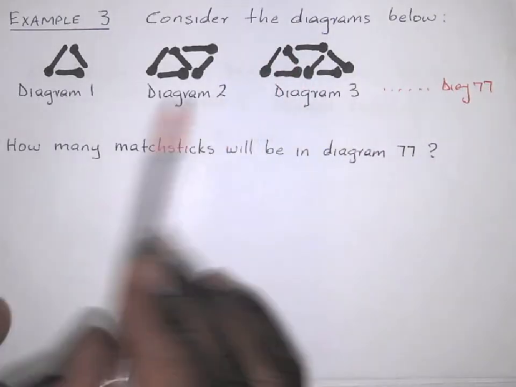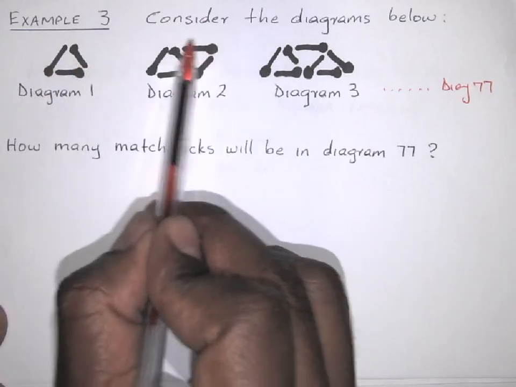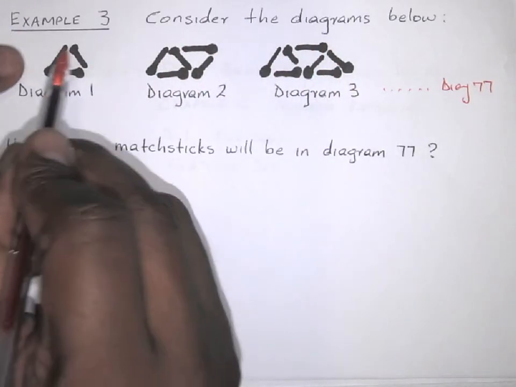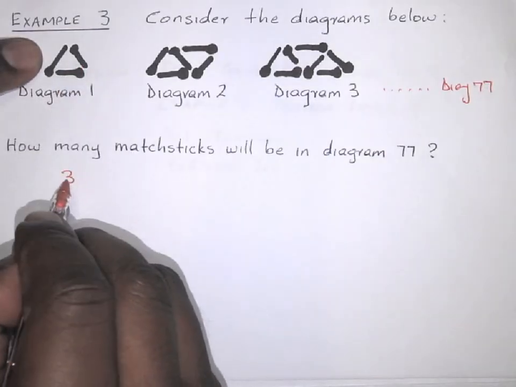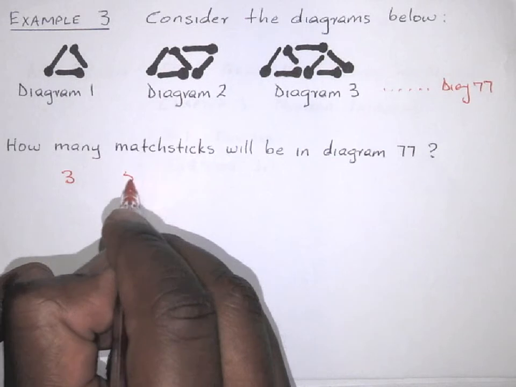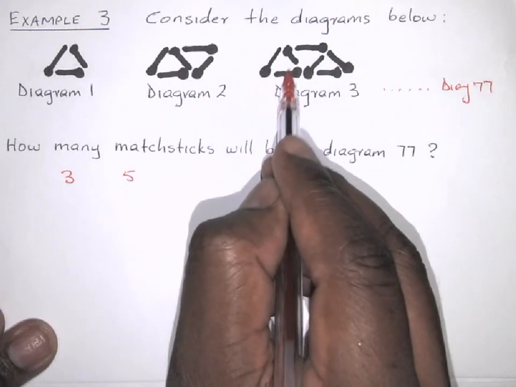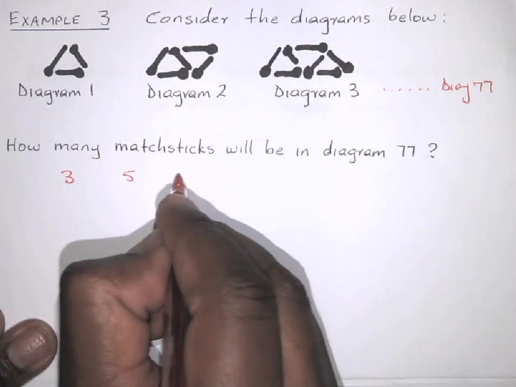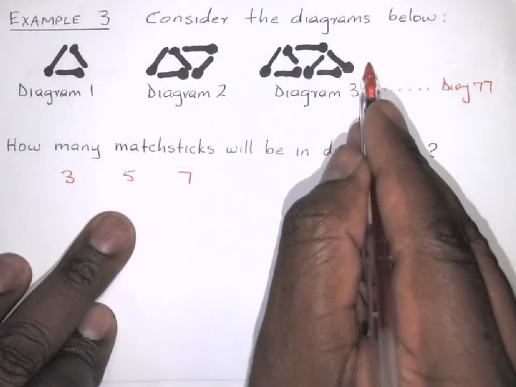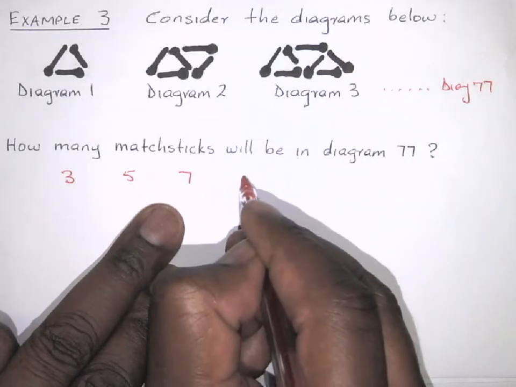It's easy if you just look at the pattern formed by the matchsticks. In the first one, I've got 1, 2, 3: there are 3 matchsticks. In this one, there are 1, 2, 3, 4, 5: there are 5 matchsticks. In this one, there are 7. Obviously, you can see that there is a pattern. If I were to continue, the next one would be 9.